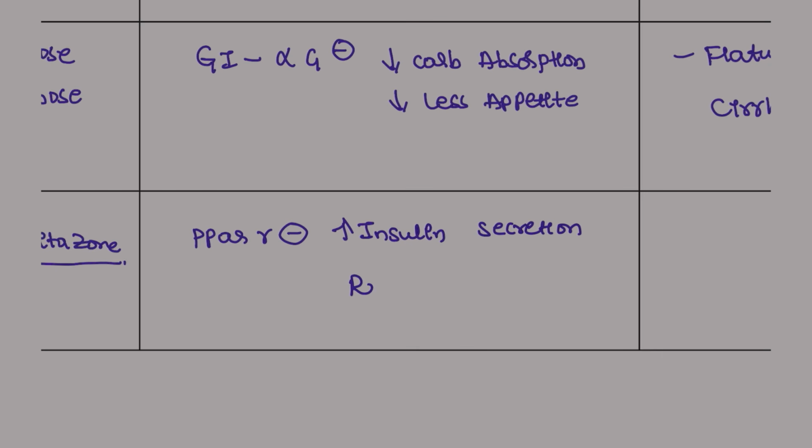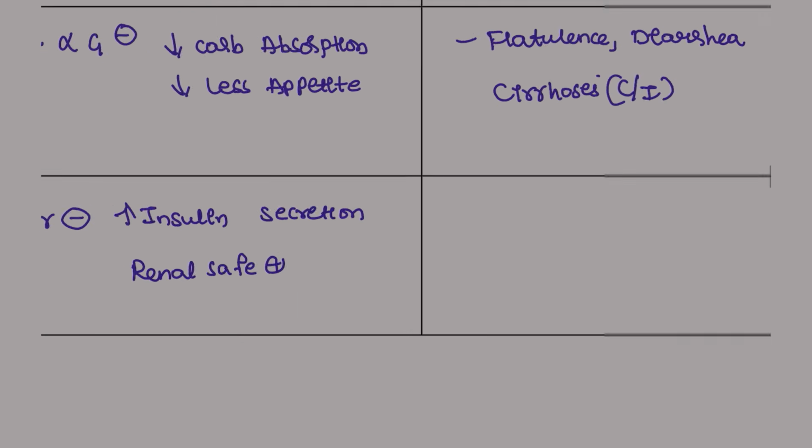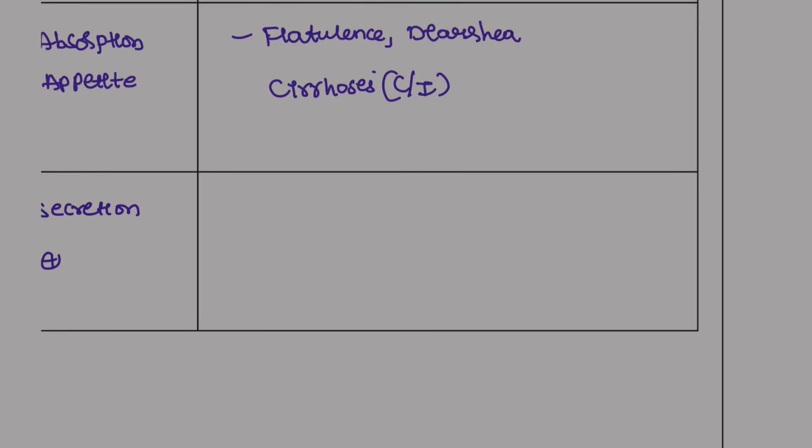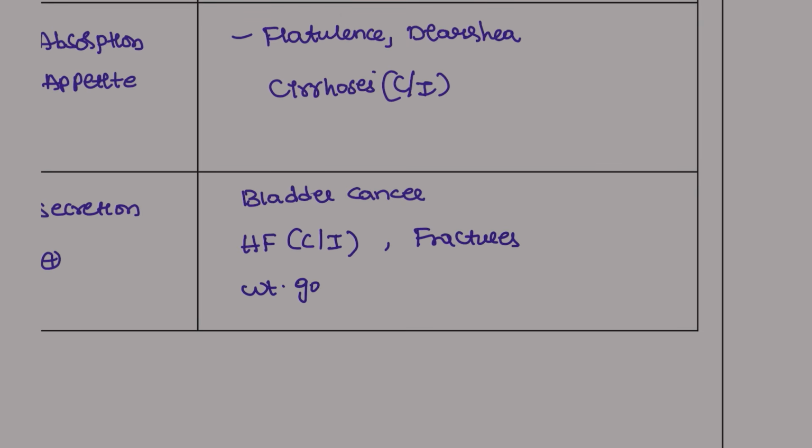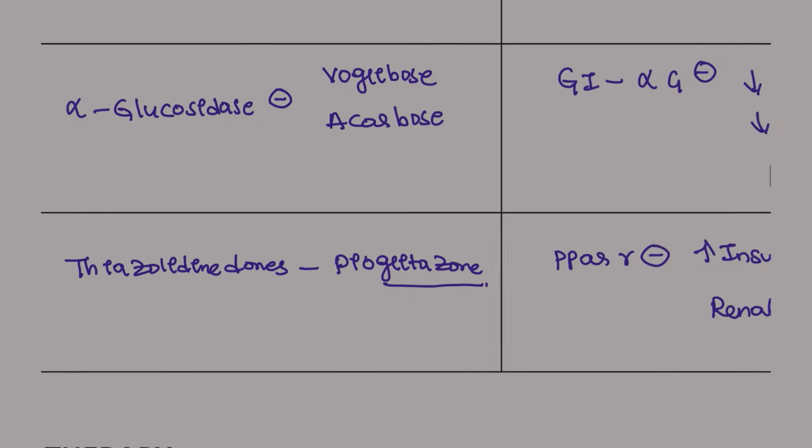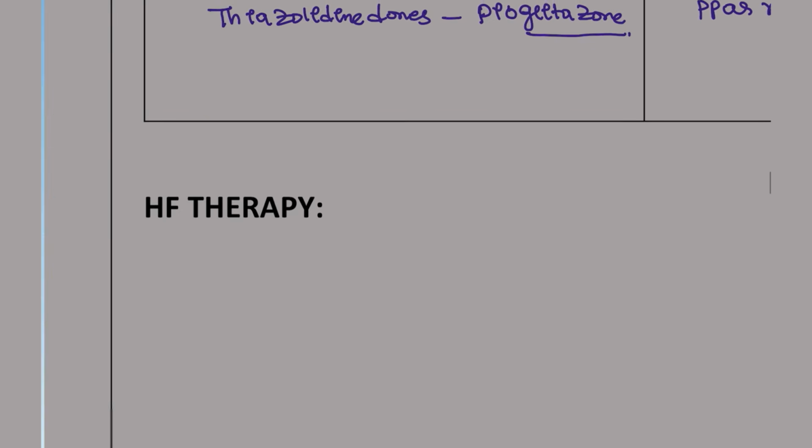This is renal safe, but it is associated with bladder cancer. In congestive heart failure patients it is contraindicated, and it can also cause fractures and weight gain. All these are the side effects of the last classification of drugs.